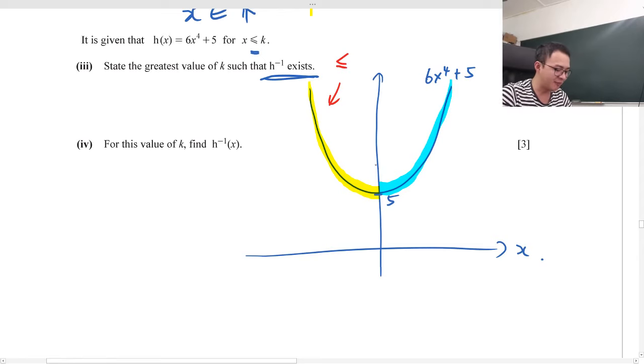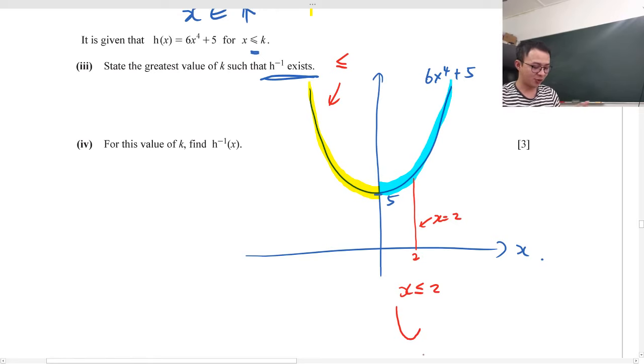So imagine you say, what if you take the positive side of x? Let's say you take x equals to 2. This line is x equals to 2. So I say x is less or equals to 2. But then your graph will look like this, isn't it?